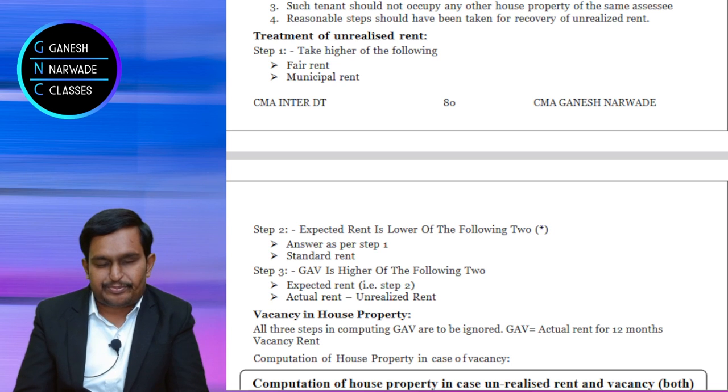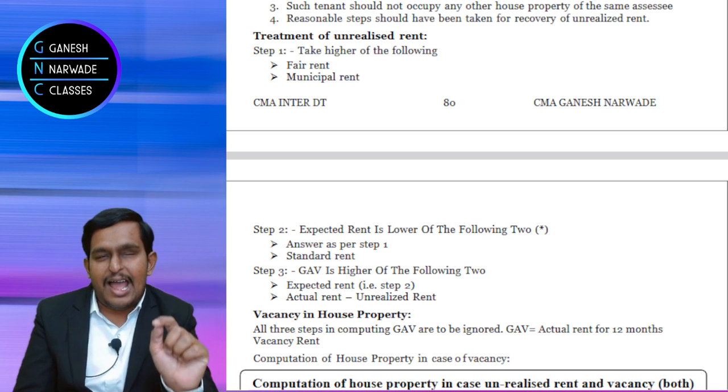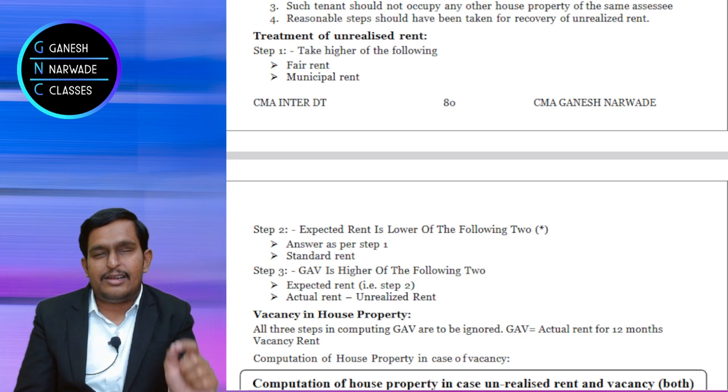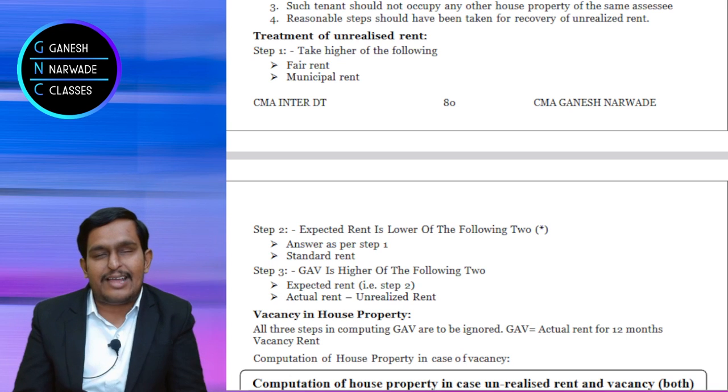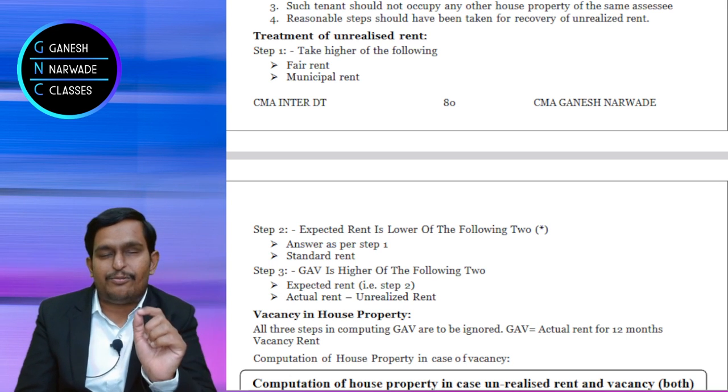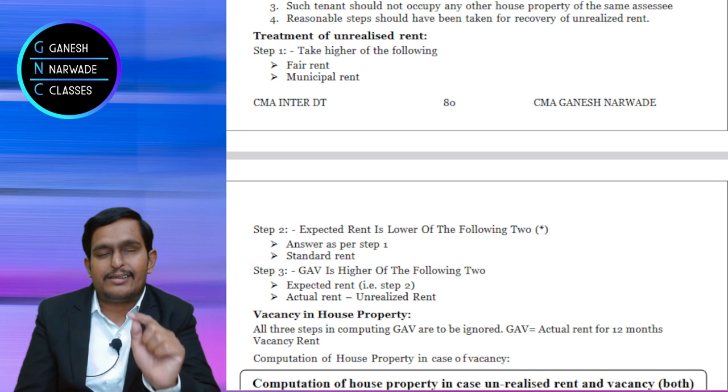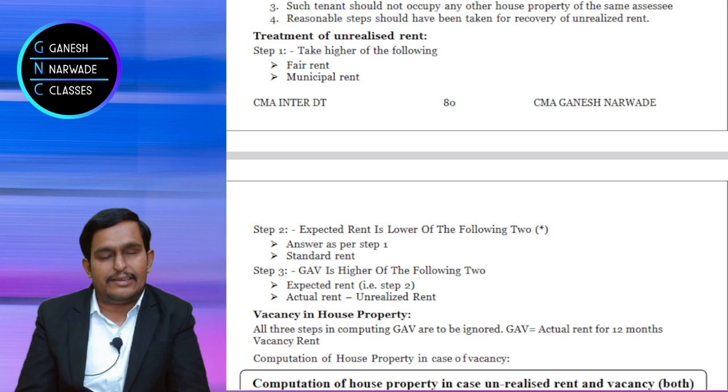Step 3: take expected rent as per step 2 and compare it with annual rent for 12 months minus unrealized rent minus vacancy rent. You get the actual rent, AR.